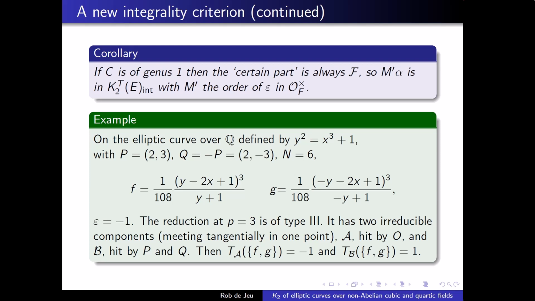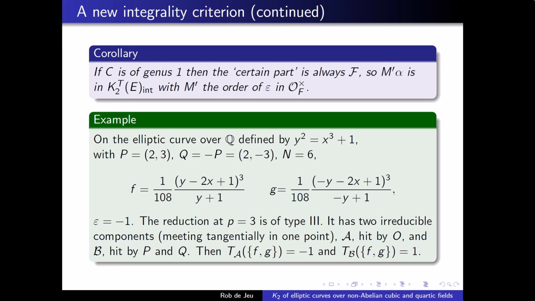Okay, and then this is an example that tells you that this obstruction can be non-constant on the fiber. So in this case, you take a curve with a 6 torsion point. This one will have divided with 6 times P minus 6 O. This one will have it with P replaced by minus P. You then just compute what's going on. It turns out that for the prime 3, your reduction consists of 2 copies of P1, which are tangential in one point.